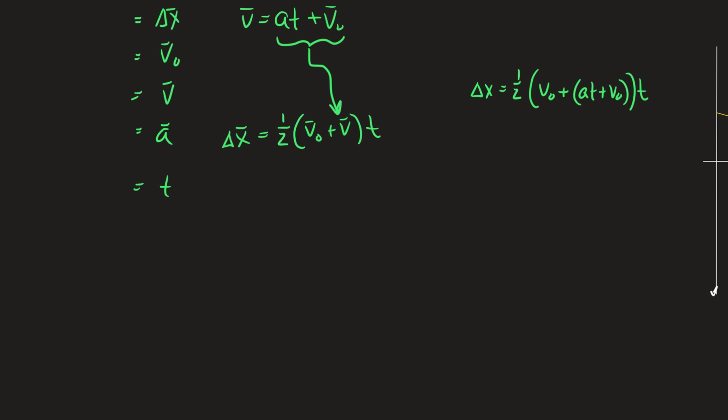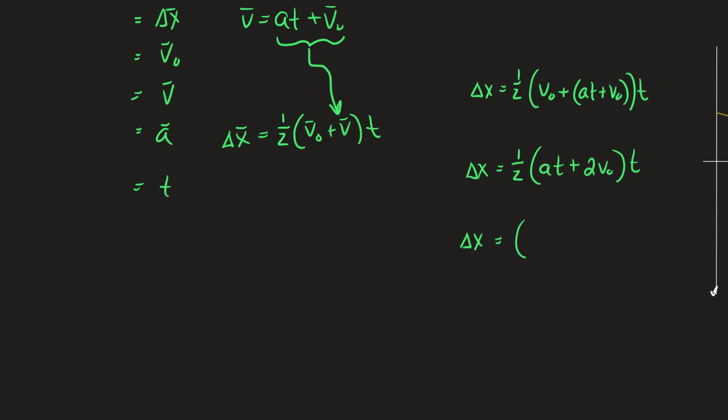Now, that looks okay, but it's always best if you can try and make your expression as simple as possible. So I'm going to do some distribution and stuff. First, I'm going to realize that inside the parentheses, this is actually AT plus 2 V naught. That's the first thing I'm going to notice. The next thing I'm going to do is distribute the 1/2. Is that okay with you guys? So I distribute the 1/2.